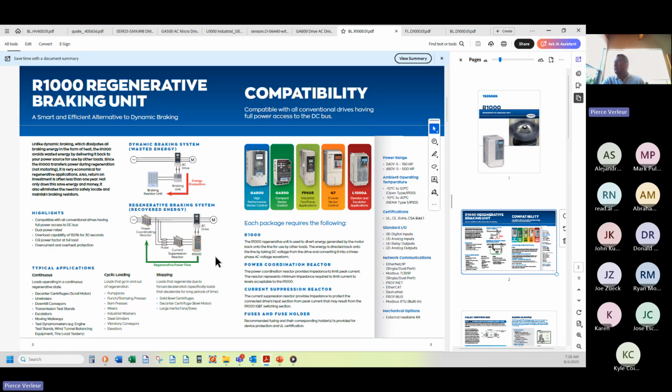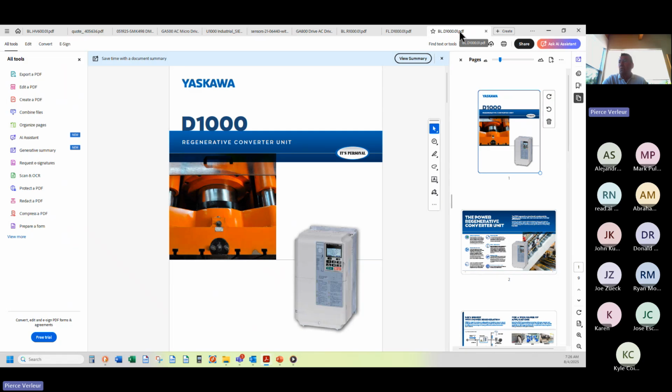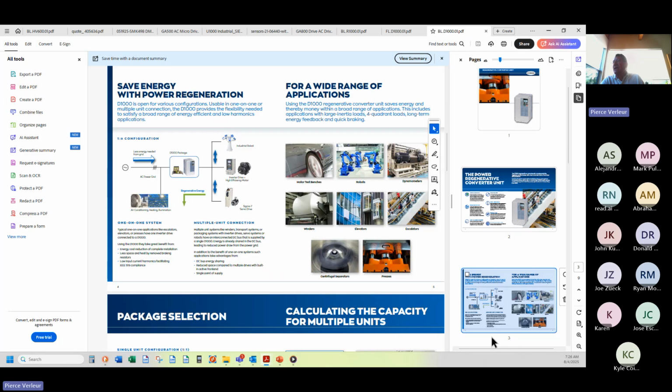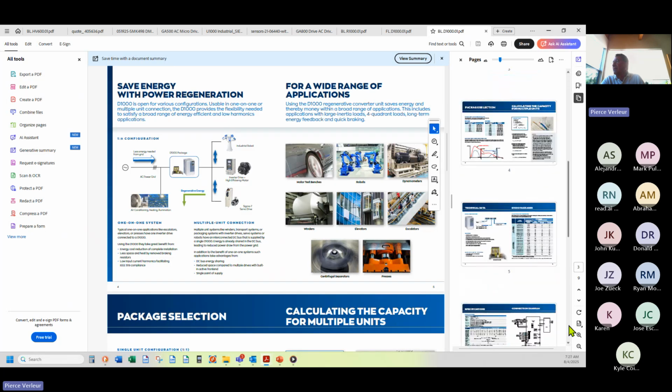Now, to regen, we have some regen alternatives, and I'm going to talk about the D1000 now. It's a product that looks like a VFD. And the D1000 basically, if I can find a diagram here.